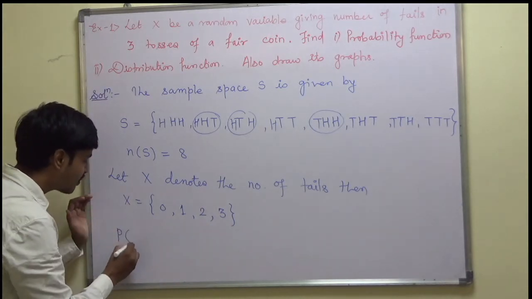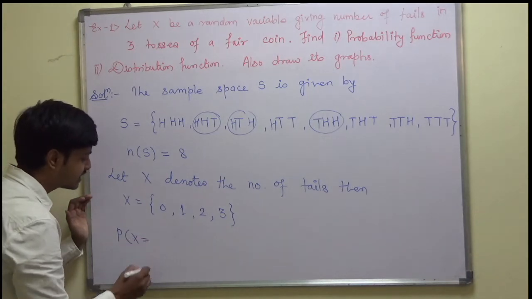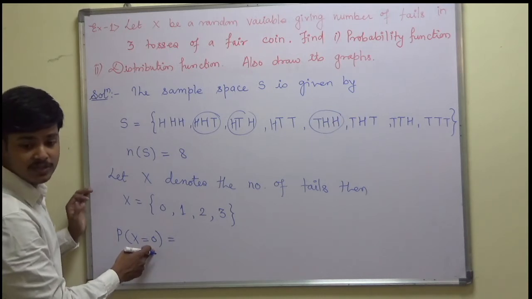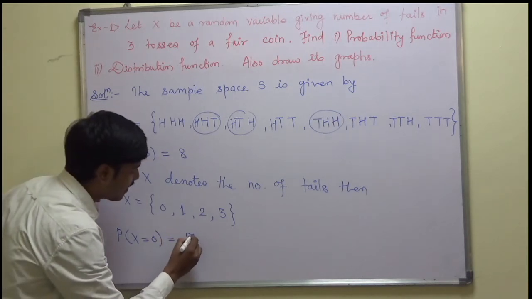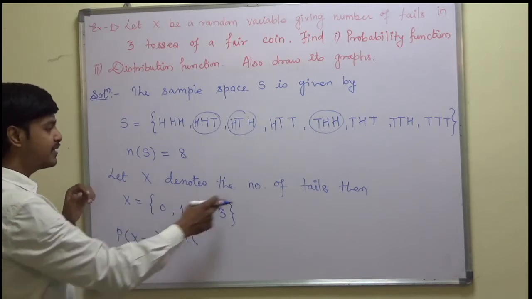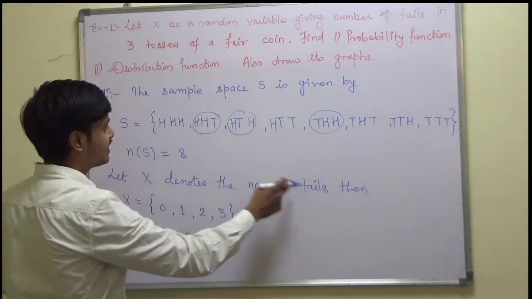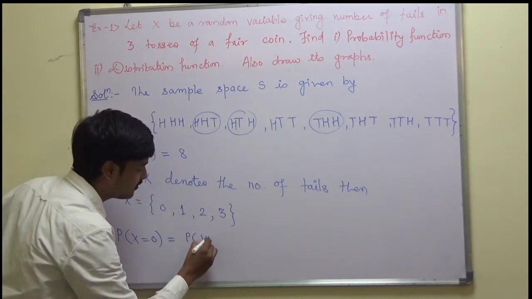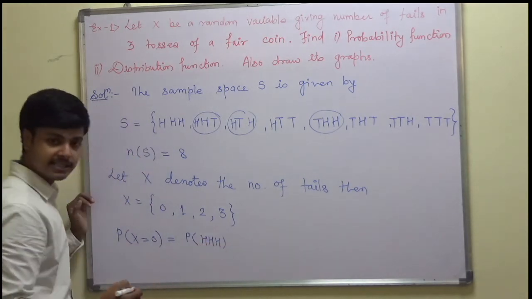So what is the probability of x equal to 0? Probability of x equal to 0 means 0 number of tails. 0 number of tails means it is the probability of heads, heads, heads.